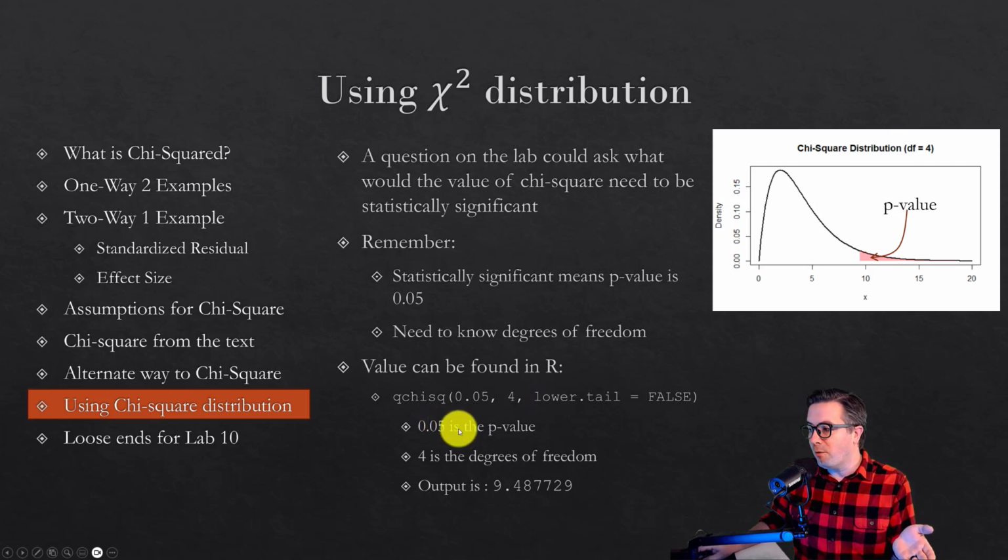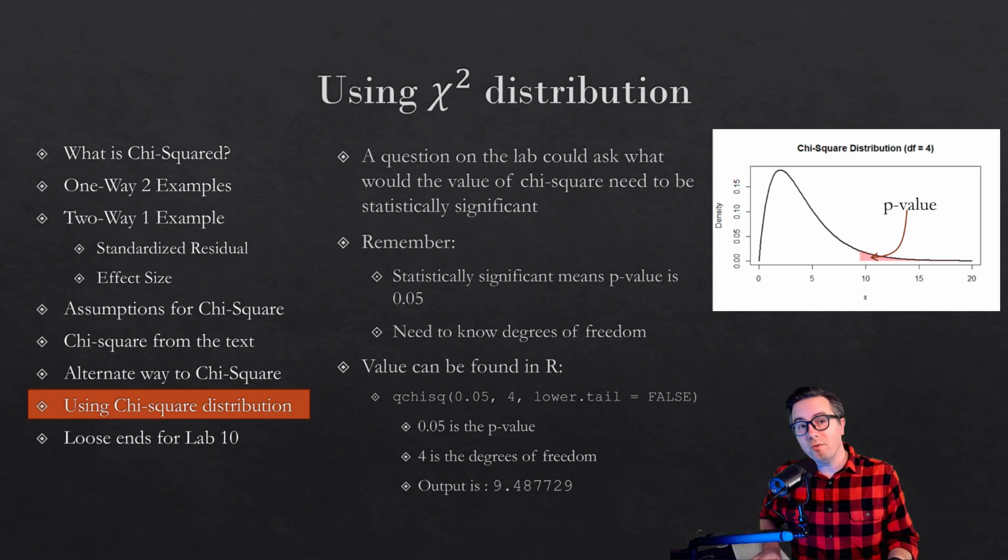The 4 is the degrees of freedom for the chi-square, which helps us know the shape of the chi-square. The output would be about 9.48779, which returns what the chi-square is at that point. So we know that a chi-square greater than that would have a p-value less than 0.05. That's how you can answer that question.